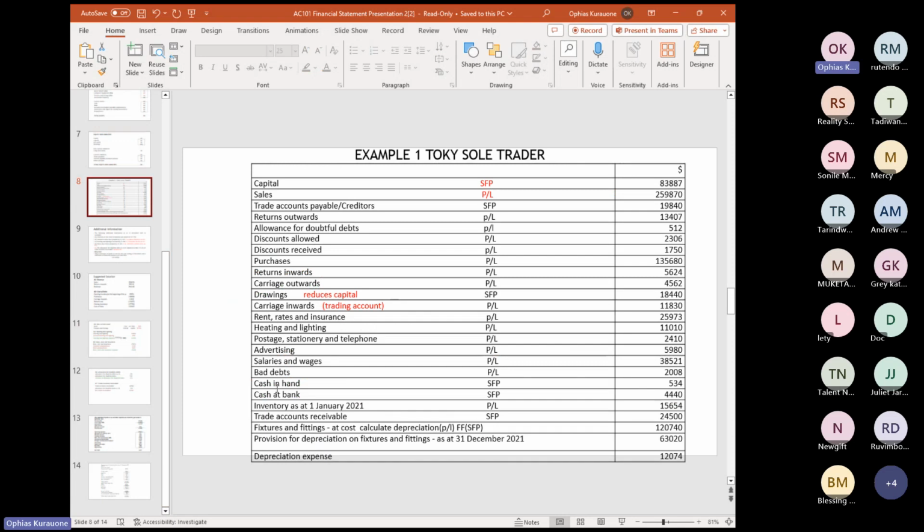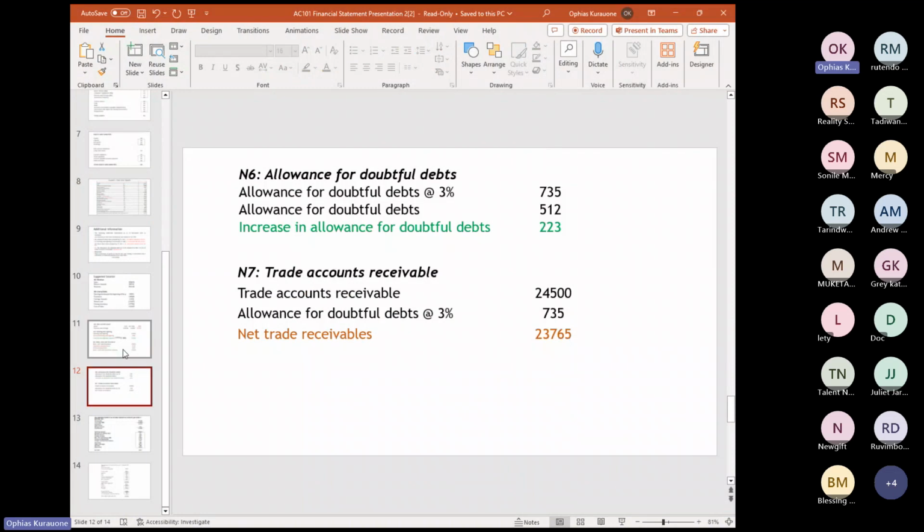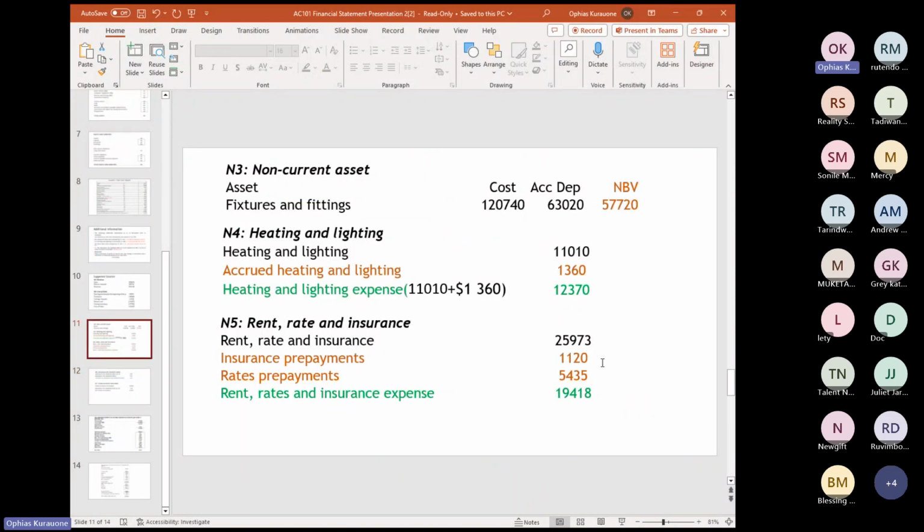Rates and insurance here was 25,973, plus the insurance prepayment of 1120.